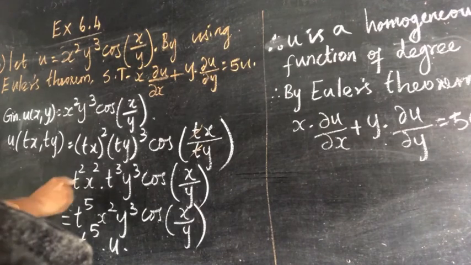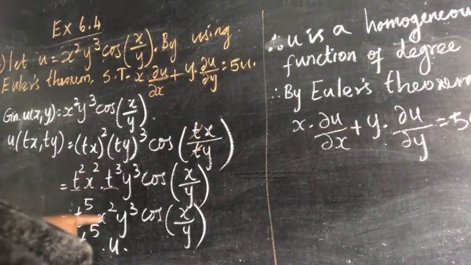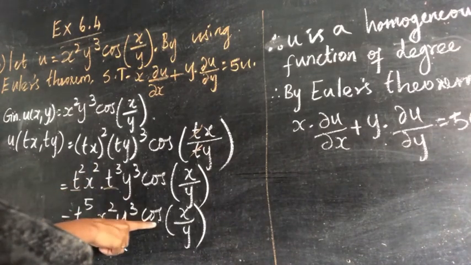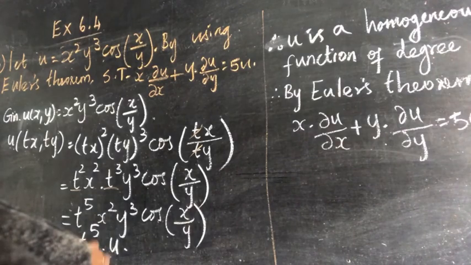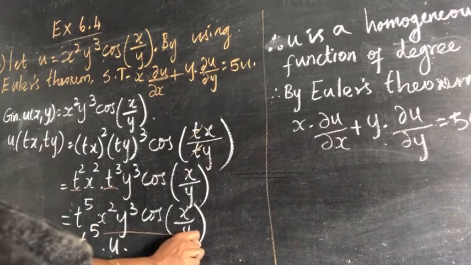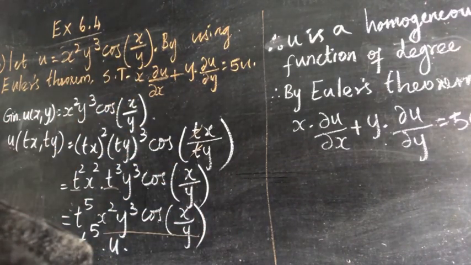So, t square t cube here we have. So, it is 2 plus 3, 5, t power 5 into x square y cube cos x by y. X square y cube cos x by y is our u. So, u of tx, ty is equal to t power 5 into u.